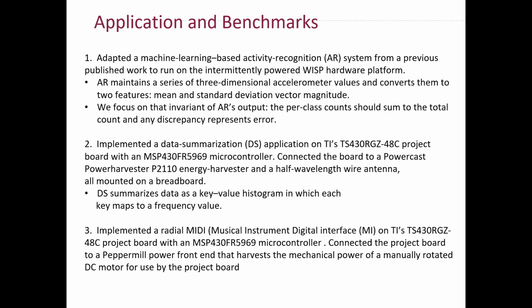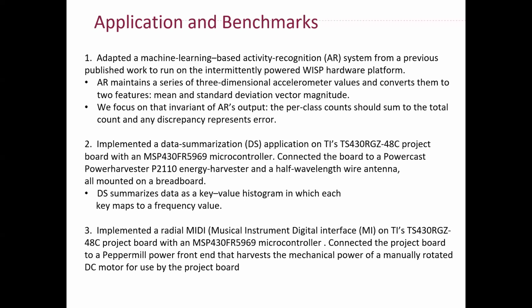AR, which is the program, maintains a time series of three-dimensional accelerometer values and converts them to two features, mean and standard deviation vector magnitude. It uses a variant of a nearest neighbor classifier to distinguish shaking from resting.